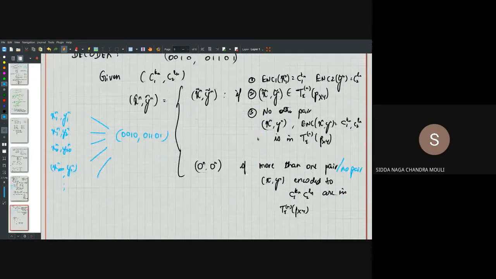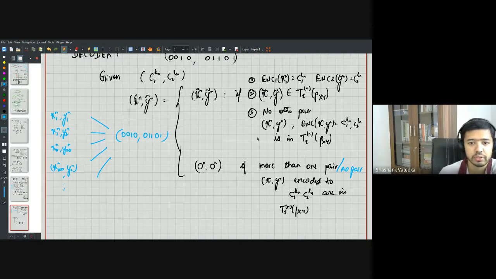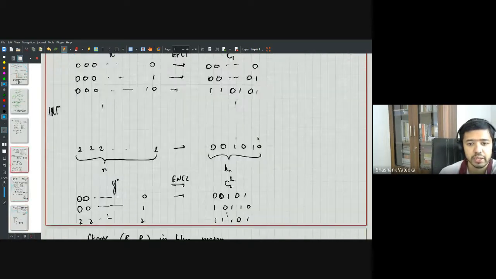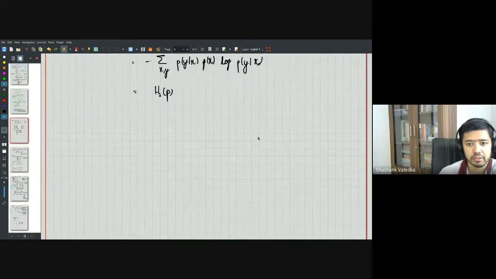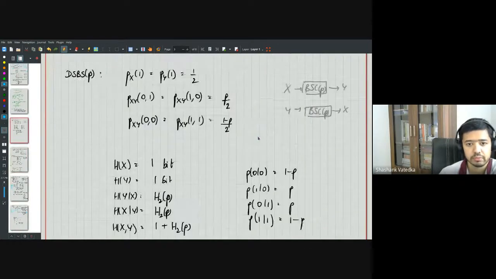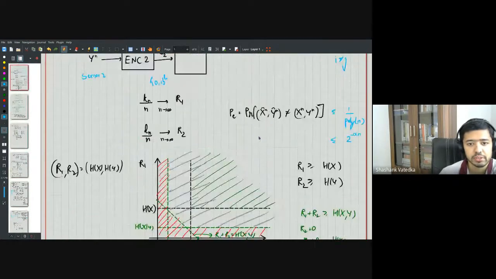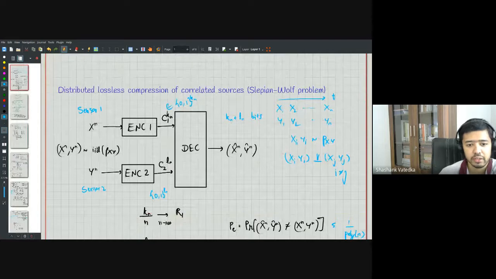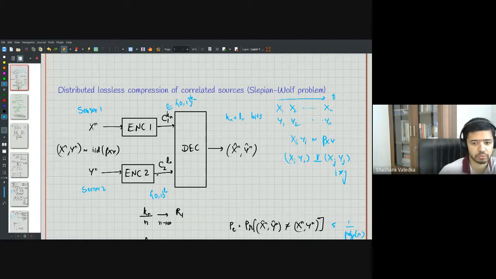Sir, which means basically every code word has some kind of PMF with respect to the... Yes. So right now we're assuming that xn and yn are random sequences, right? So the assumption is that xn and yn are drawn IID according to pxy. This pxy, the joint distribution, is known to everyone. It's known to both the encoders, and it is known to the decoder.